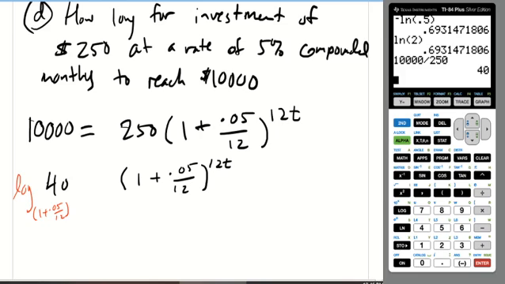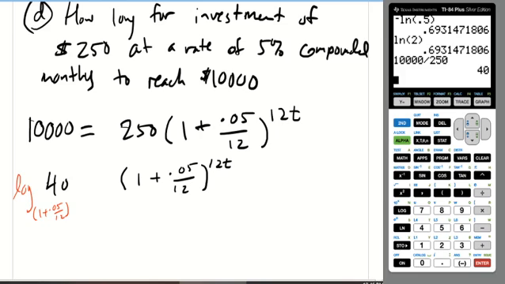But if I use the change of base formula, let me not skip steps here. If I divide both sides by 12 and then take the change of base formula, we get 1 over 12 times log base 1 plus 0.05 over 12 of 40, which is equal to t.